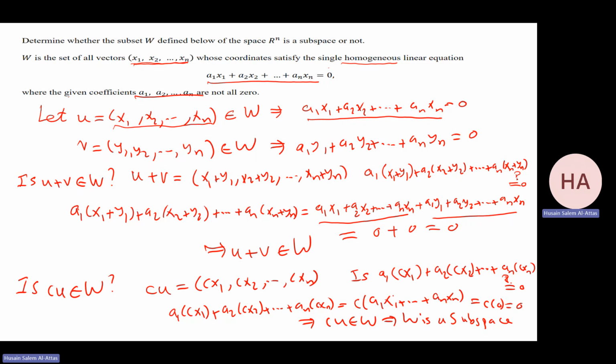For sure, I have infinitely many solutions. So if the number of variables in a homogeneous system is more than the number of equations, then I have infinitely many solutions.